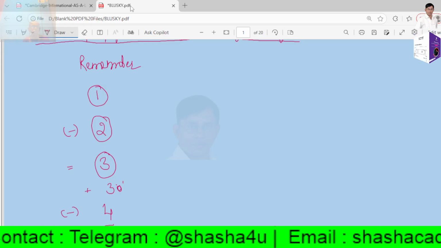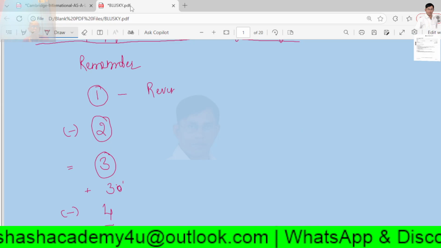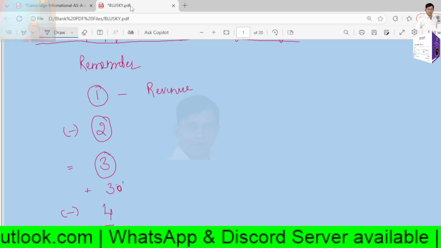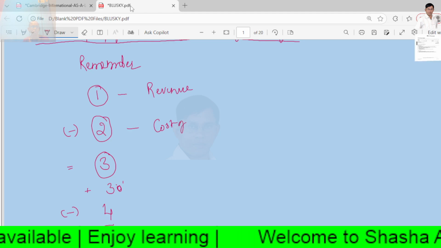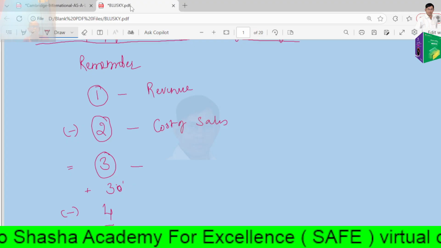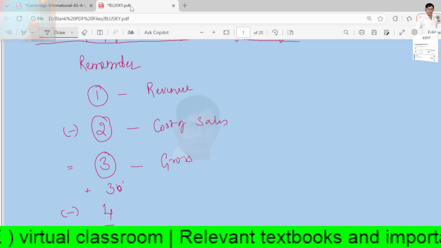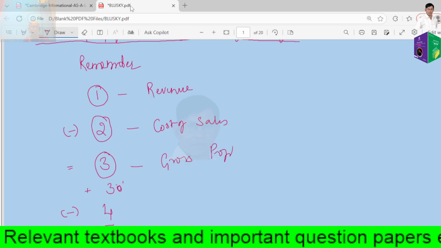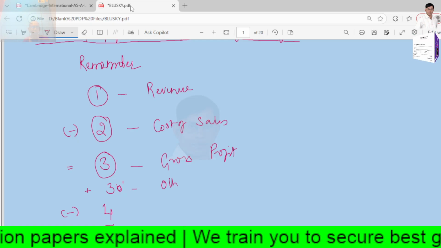So what is 1? 1 is revenue. 2 is cost of sales. 3 is gross profit. 3O is other income.